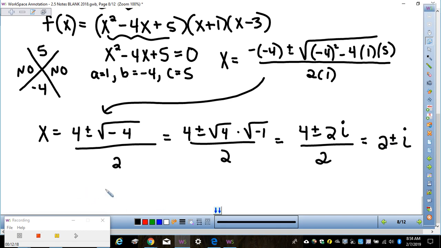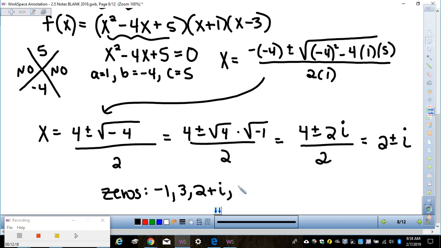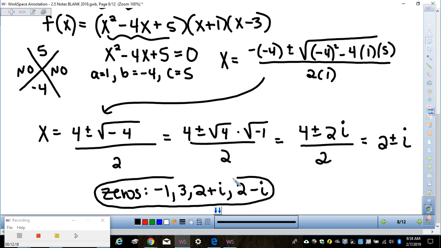So listing out our final answer for the 4 zeros, we had negative 1 and positive 3 from the graph. They showed up as x-intercepts. Then we have the imaginary zeros, 2 plus i and 2 minus i. You can write them with the plus or minus symbol, but I just want you to see here that it really represents two different solutions, and that's giving us our full list of 4.